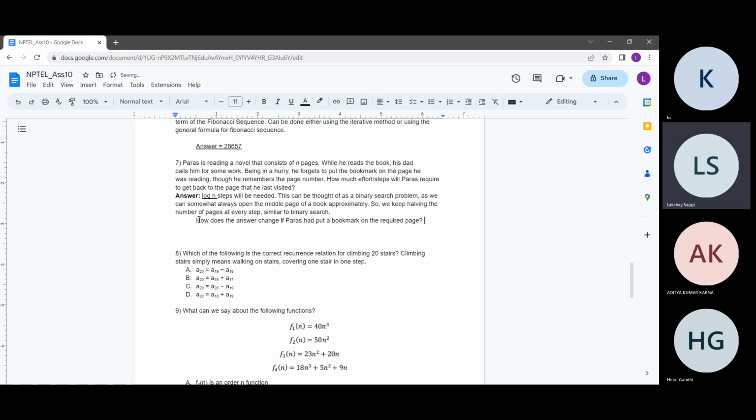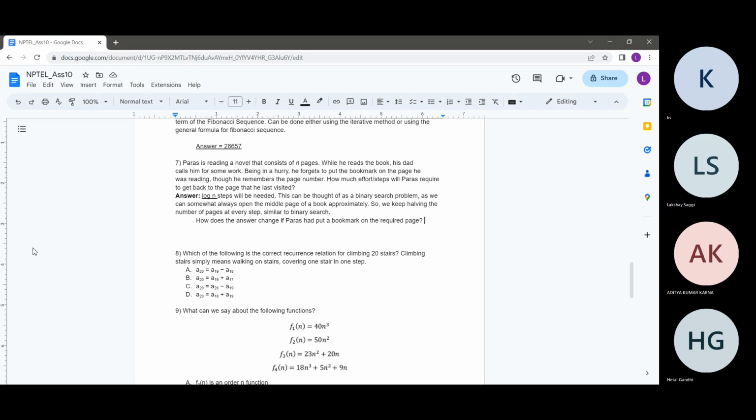How much effort will Paras need if he had indeed put a bookmark on the required page and then went to help out his dad? This is a very straightforward question. I hope you guys should be able to answer this. Maybe you can type it out in chat. It's not too difficult a question.